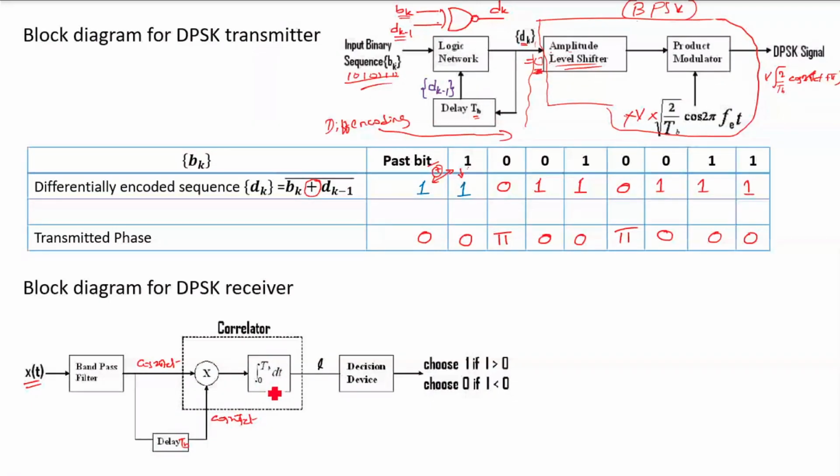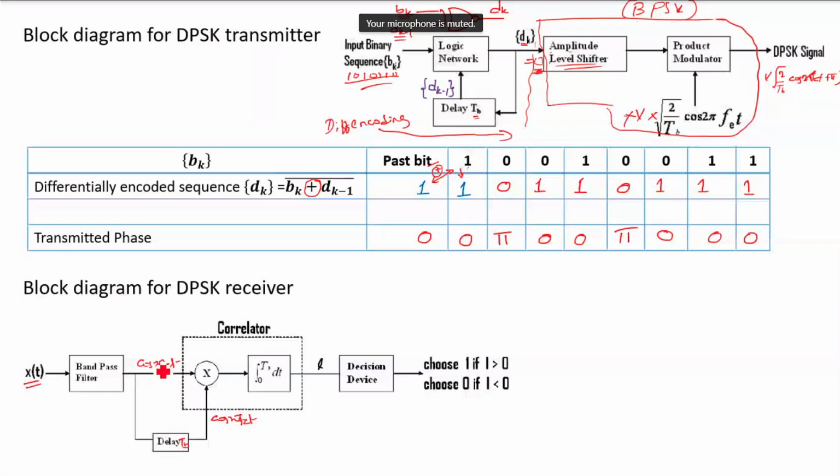What is going to happen if I multiply these two signals? If I multiply cos 2 pi fct and cos 2 pi fct and integrate from 0 to Tb, what will I get? Some positive value, isn't it? Assuming there is no noise and no phase variation.